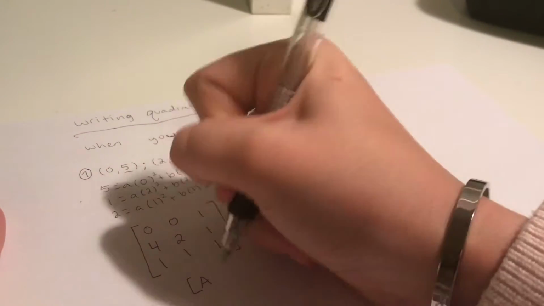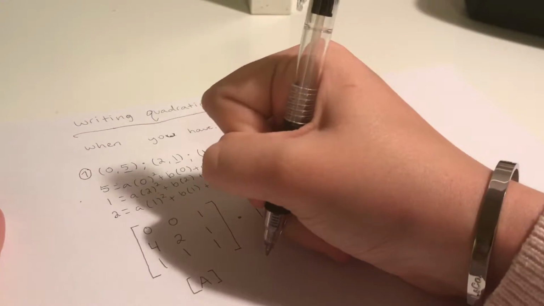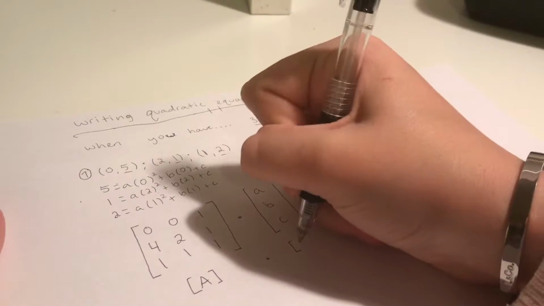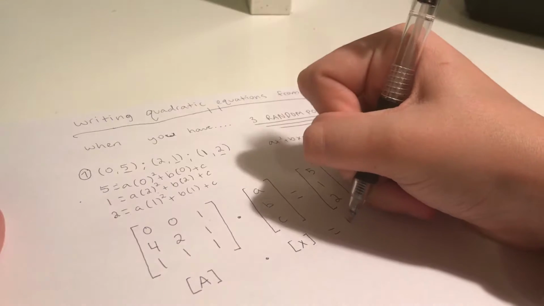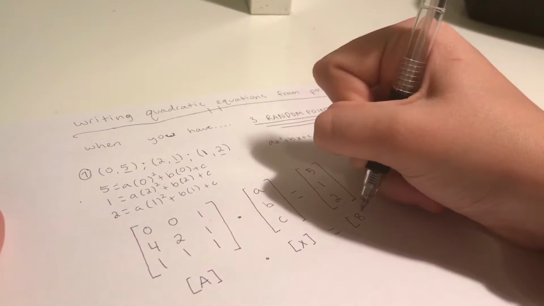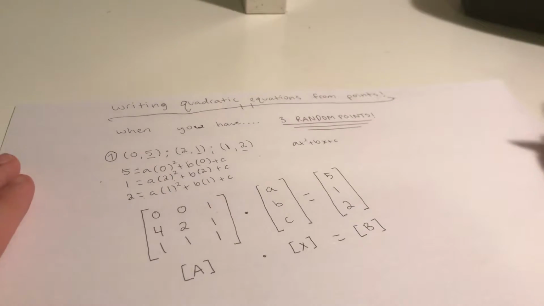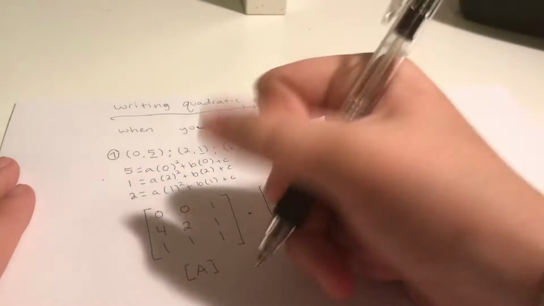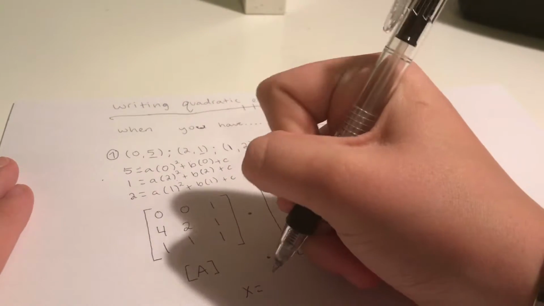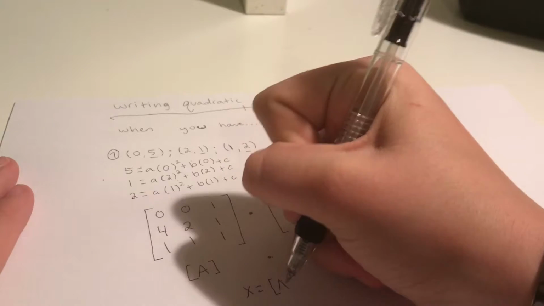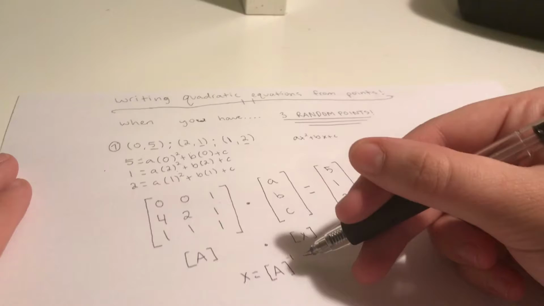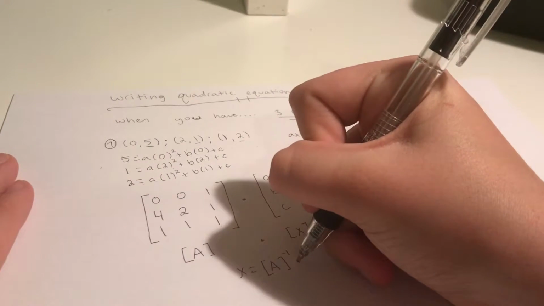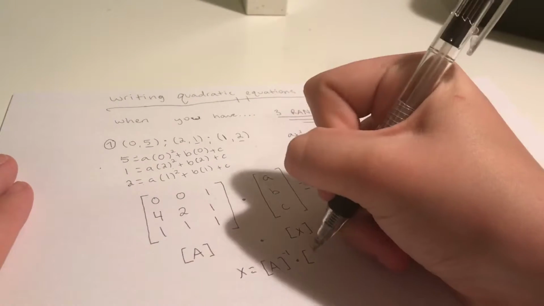So then you have matrix A times x, your variables, equals matrix B. Then x equals the inverse of A, which is A to the negative 1, times matrix B.